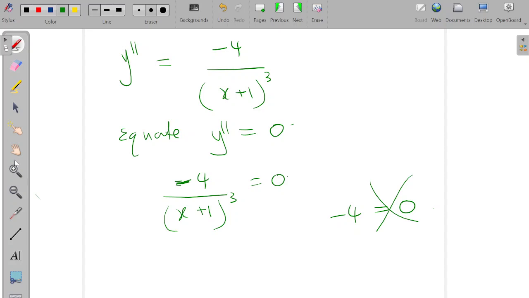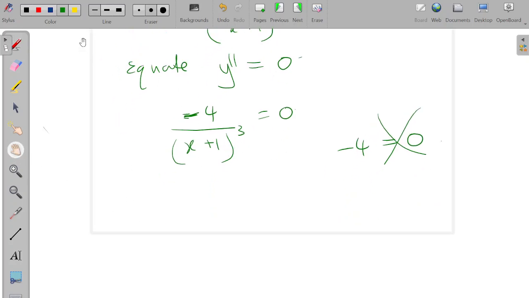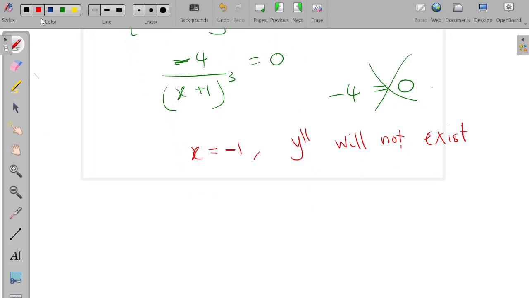So again, what we look for is where the derivative will not exist, which is negative 1 also. So at x equals negative 1, y double prime will not exist. We can use that negative 1 to find intervals: negative infinity to negative 1, and then negative 1 to infinity.